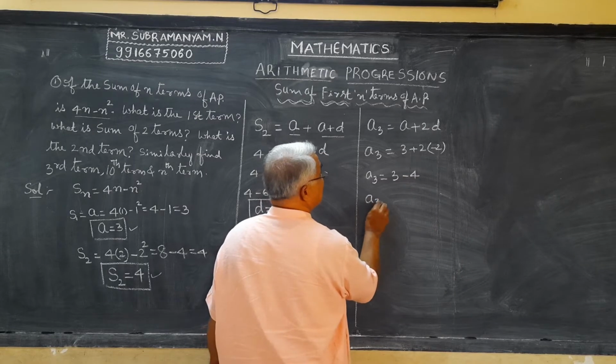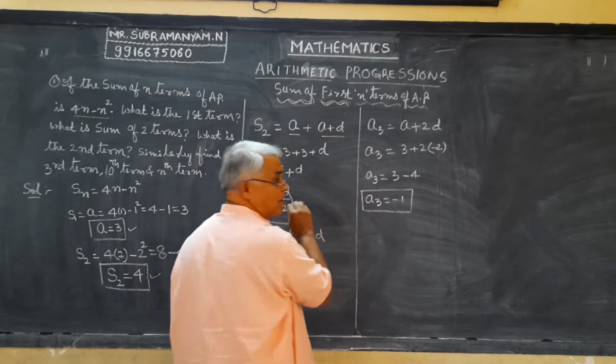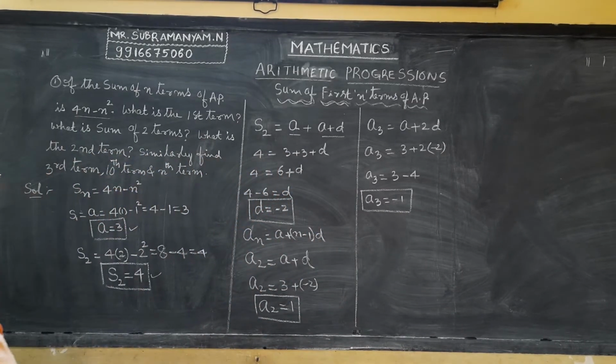So, a3 value is minus 1. Check how we have got minus 1 now.